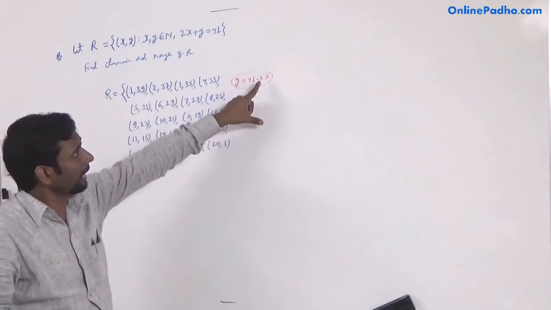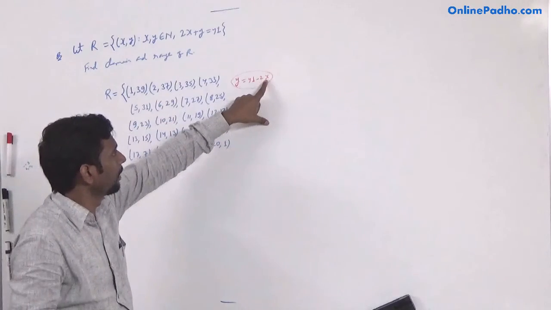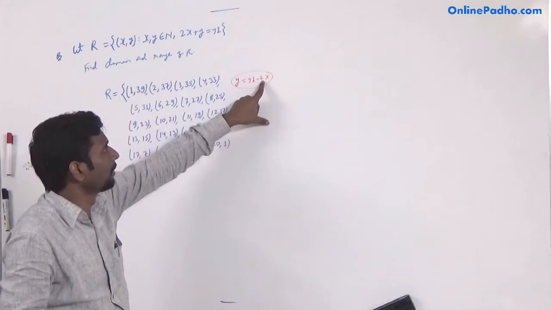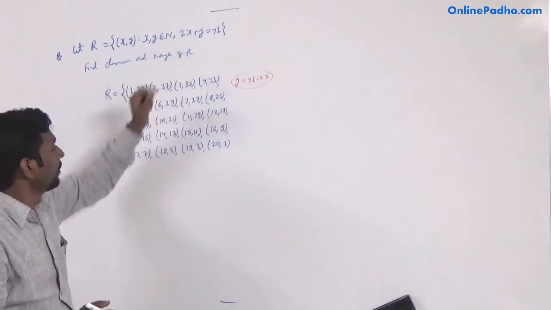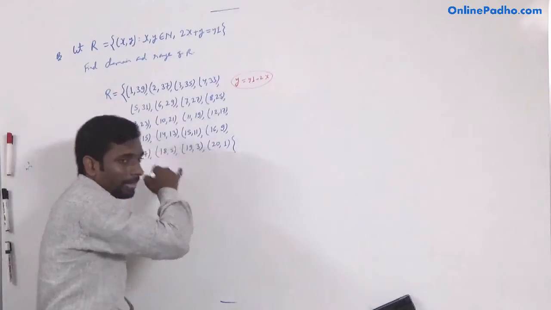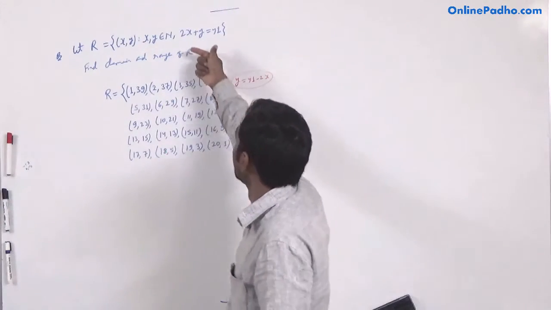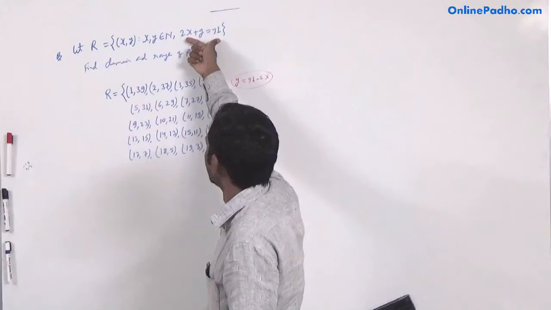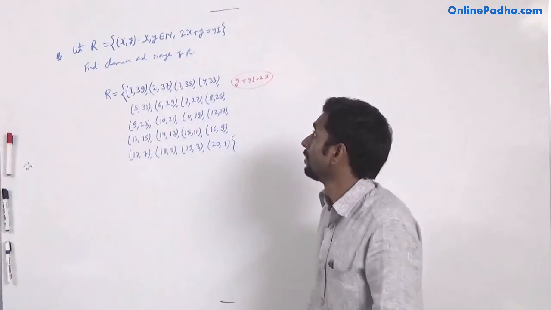Now you cannot take x as 21. But why? Because if you take x as 21, 41 minus 42 is not a natural number. Here x and y both belong to the natural numbers. So these ordered pairs satisfy this relation 2x plus y equal to 41.